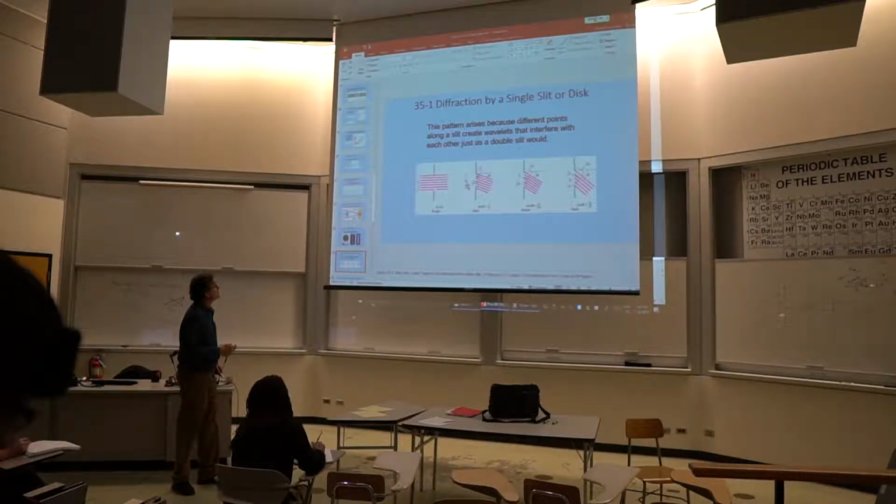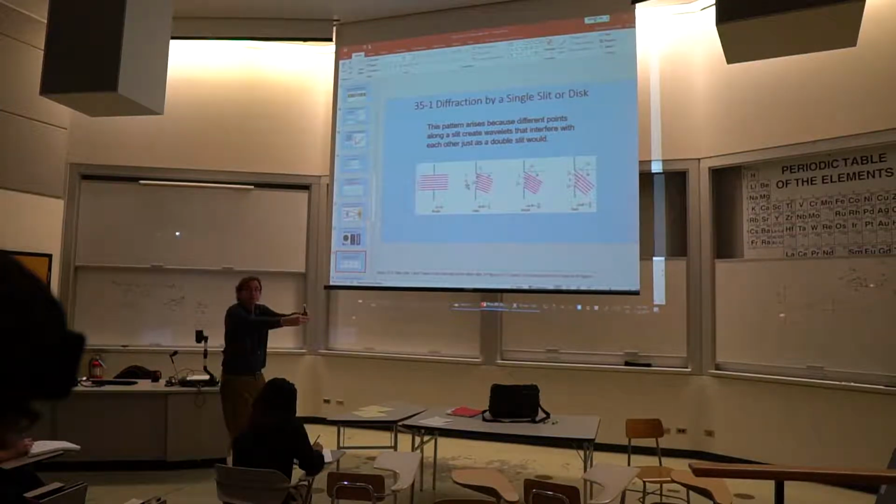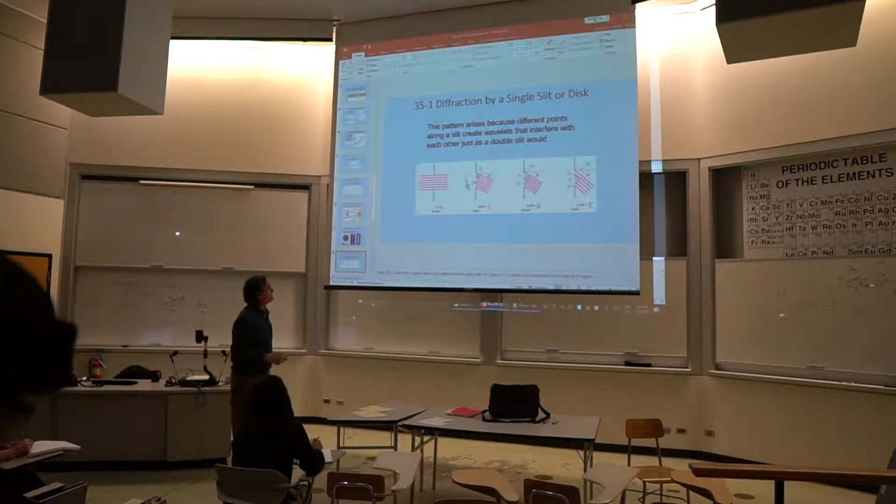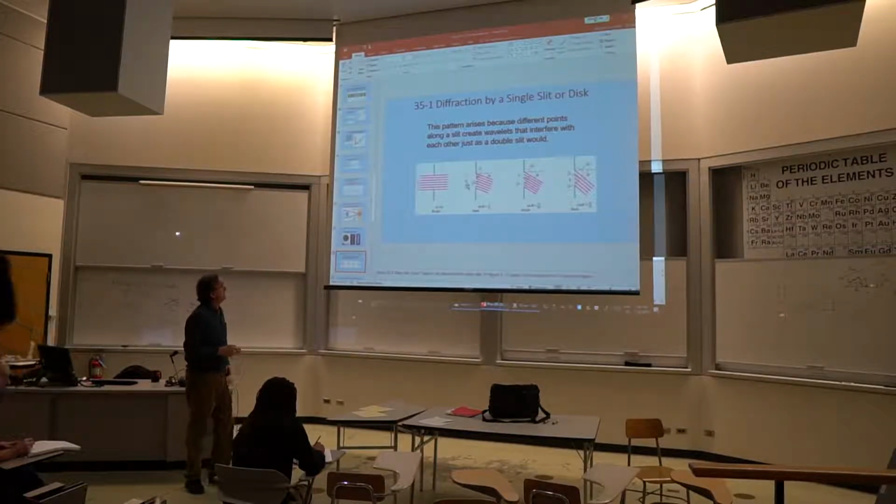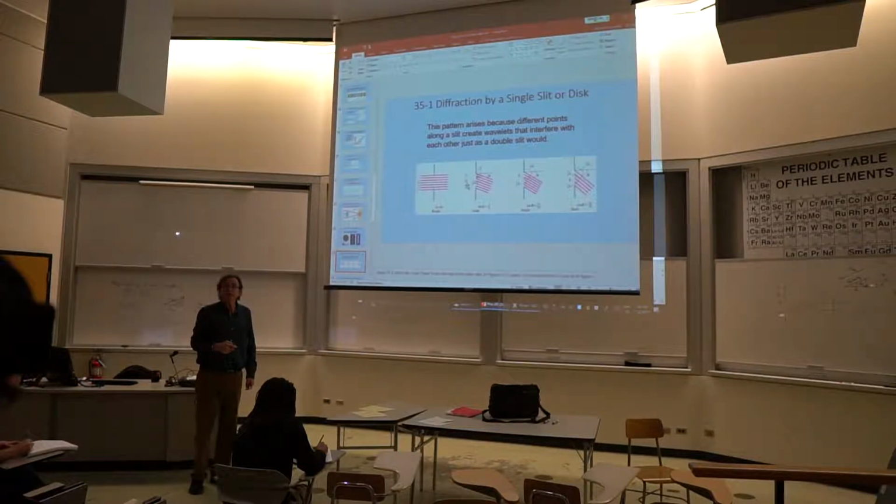So the phase of this left sine wave will be the same as that one, that one, that one. Therefore, they all travel the same distance, or nearly the same distance, to the distant screen, and therefore they all arrive in phase.